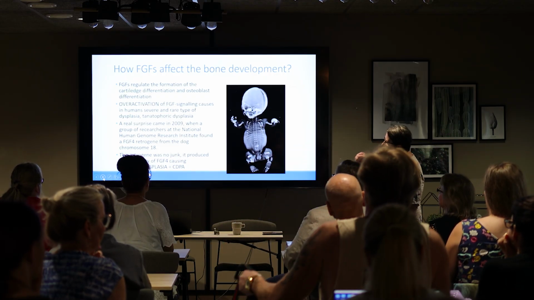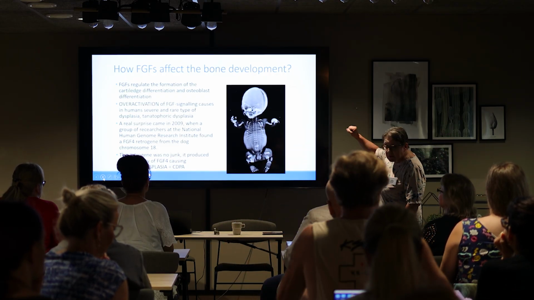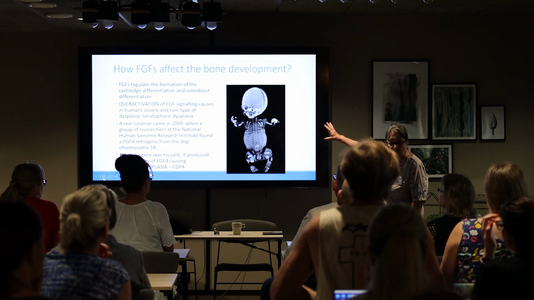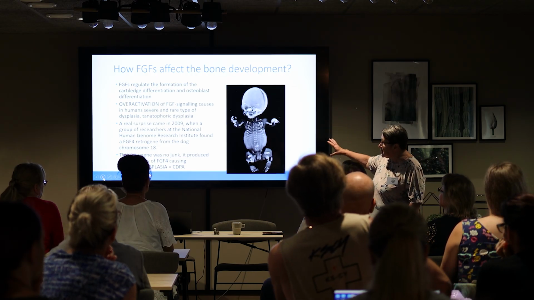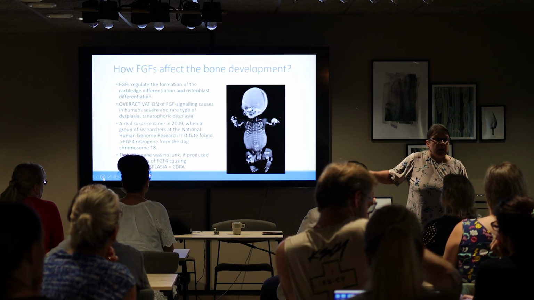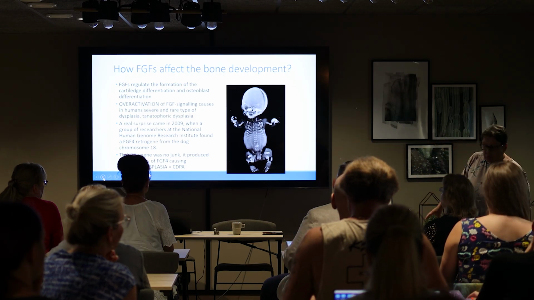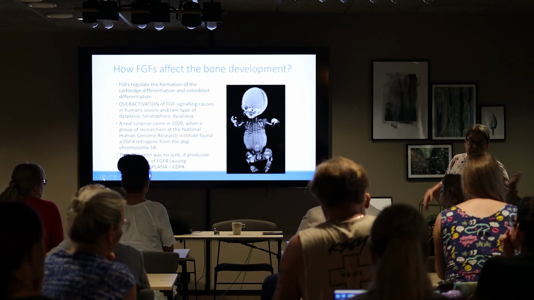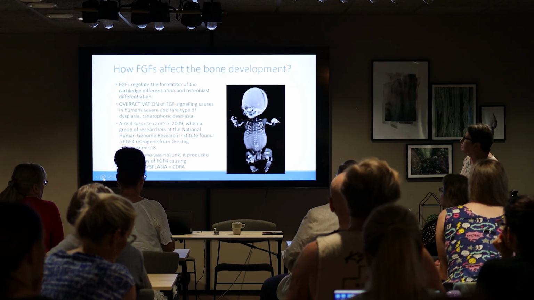So this is known in humans. There are also other forms of dysplasias in humans caused by FGFs, but thanatophoric dysplasia is the most severe one, and thank God it's rare.